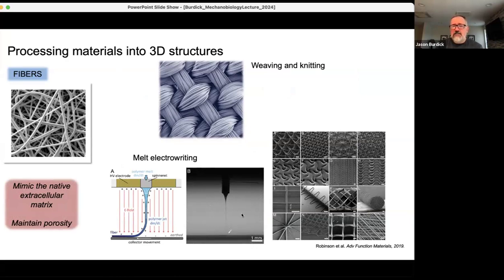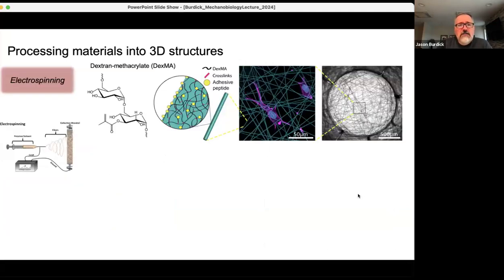And then depending on how you deposit this filament of polymer, you can get all these different types of structures. And then there's been some work on weaving and knitting these types of materials into macroscopic 3D structures. But some of these are not very porous, so they might not be as useful for tissue engineering, but they're really strong. Whereas melt electrowriting is nice because you can make highly porous structures.